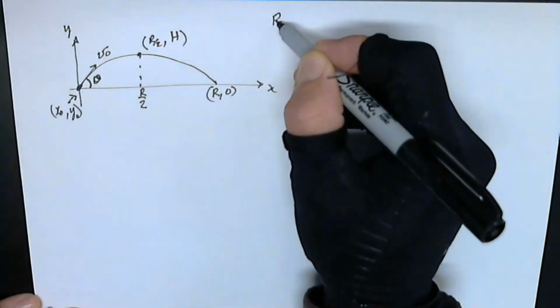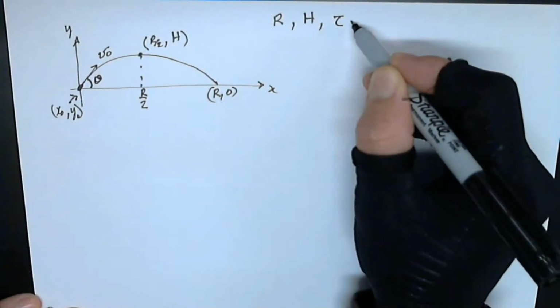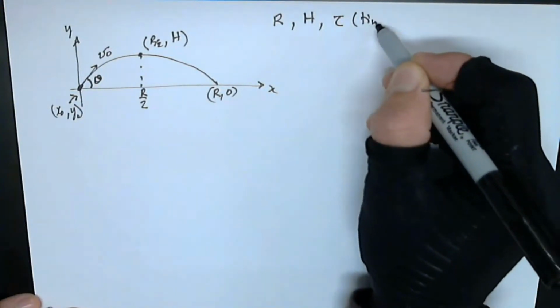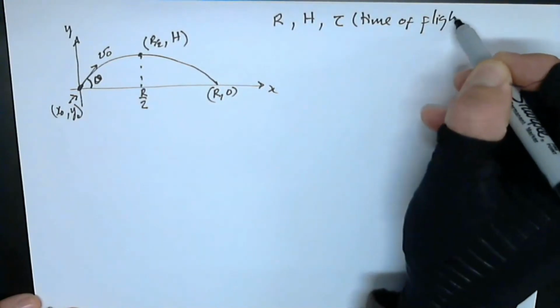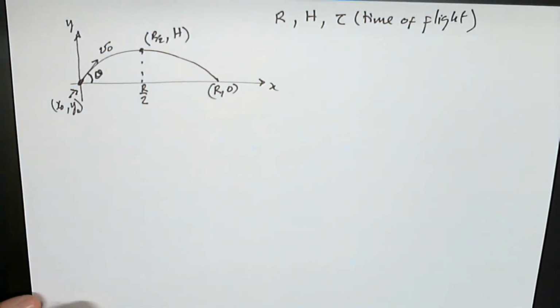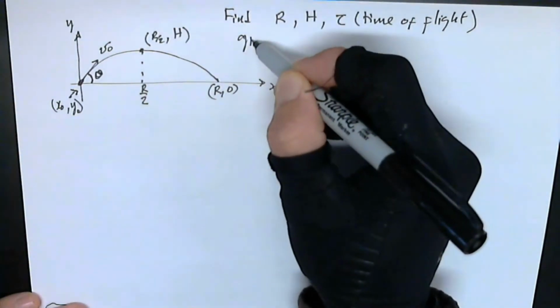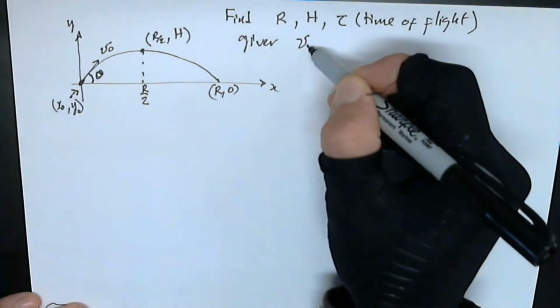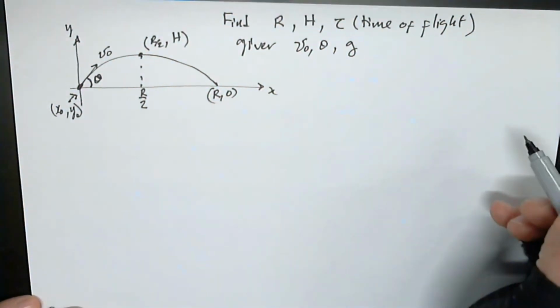So we want to find r, h, and tau, that is going to be the time of flight, given v0, theta, and the acceleration of gravity.